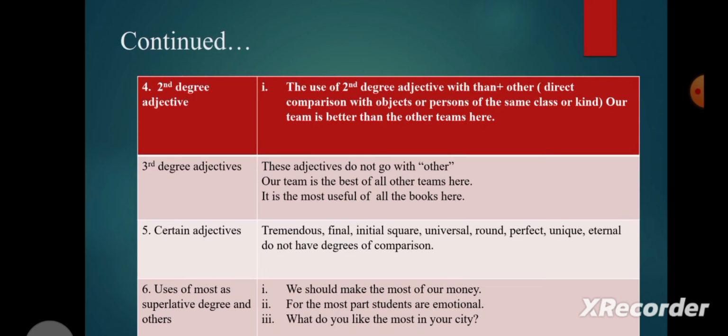And the next rule is the uses of "most" as superlative degree and others. We should make the most of our money. For the most part, students are emotional. What do you like the most in your city?